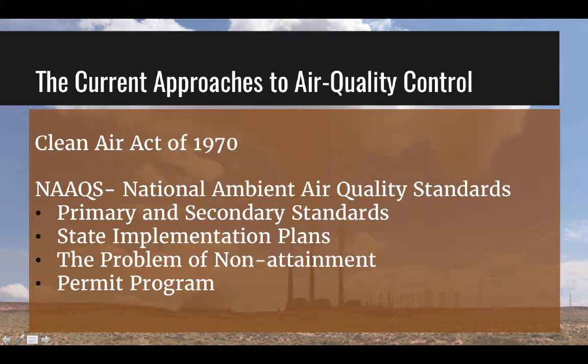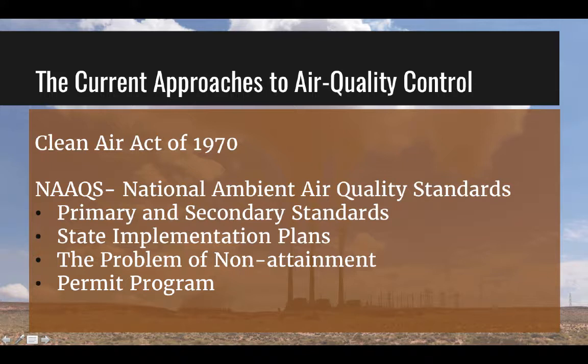Ambient air quality refers to the quality of the air representatively sampled from an area. EPA divided the U.S. into 247 air quality regions. Each region has common pollution sources and characteristic weather.